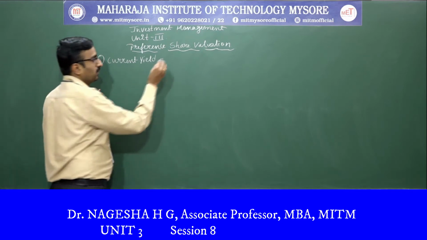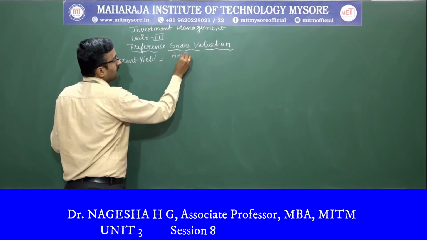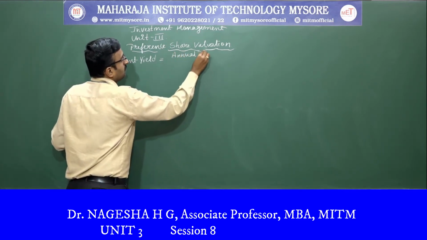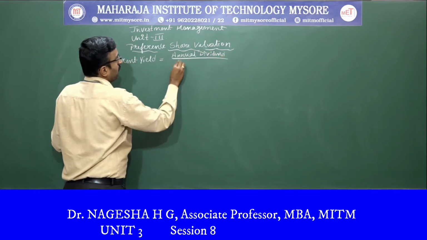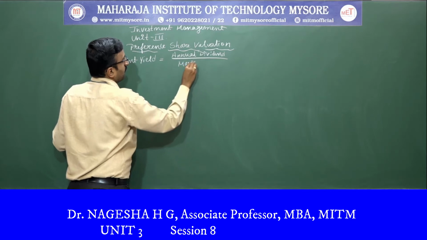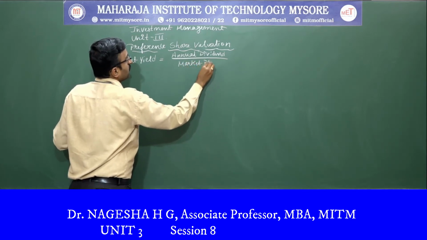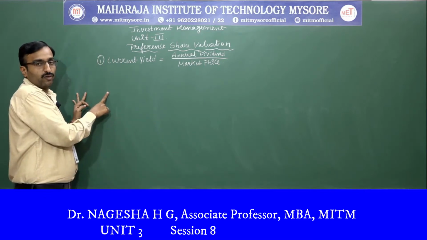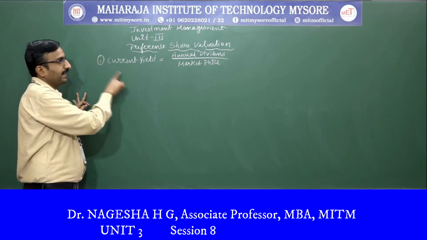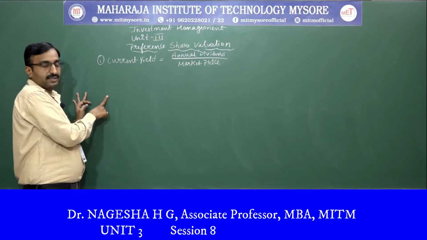Current yield is equal to annual dividend divided by market price. This formula is applied for the calculation of current yield of a preference share. This is one of the tools we apply.